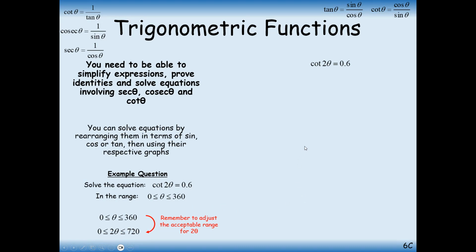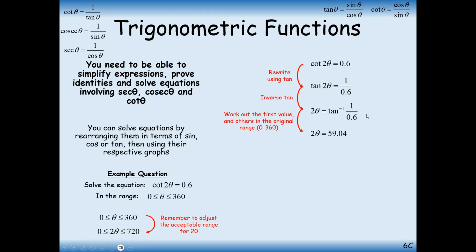So now we can simply say 1 over tan of 2 theta is 0.6, and take the reciprocal to the other side and say 1 over 0.6 is what we need to take the inverse tan of, and then we take this 59, and we actually need to add another 180 degrees to it to figure out the second answer, because the tan graph will repeat itself every 180 degrees, and no matter what, if you had to figure out an answer less than zero, you would subtract 180 from this answer.